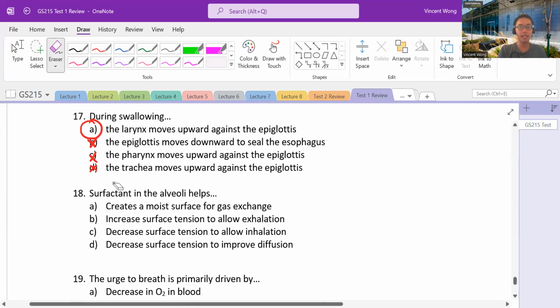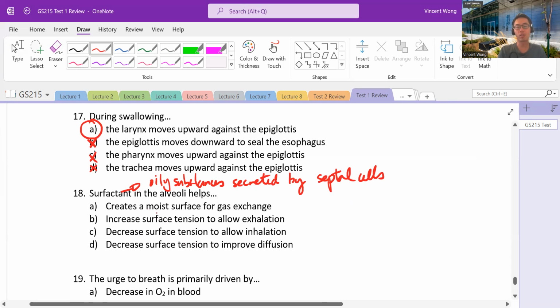Surfactant, that's the oily stuff that is secreted by septal cells, right? Oily substances secreted by septal cells. The purpose is to break the surface tension.